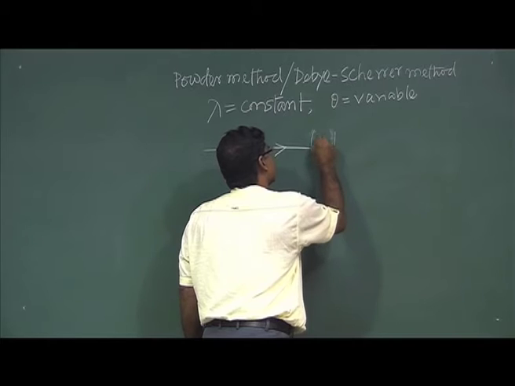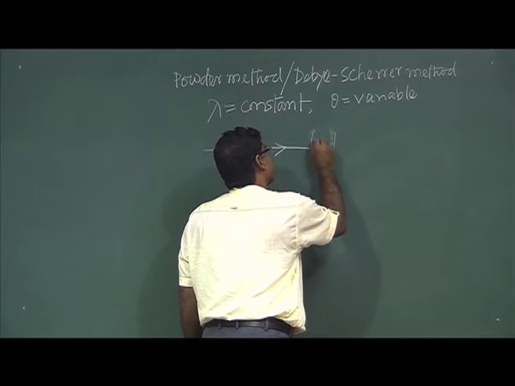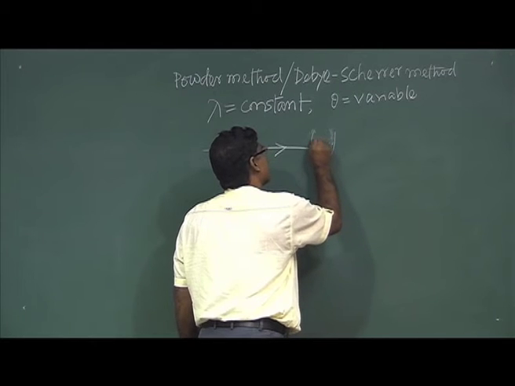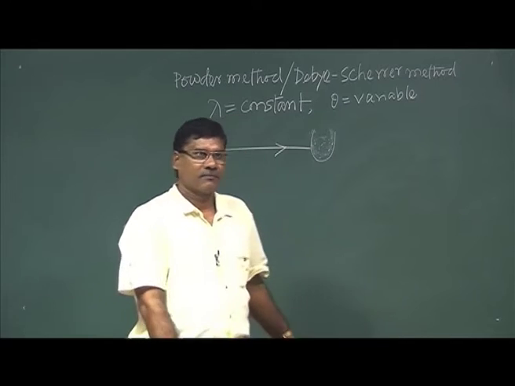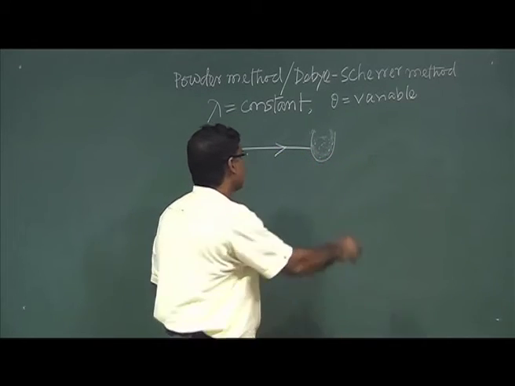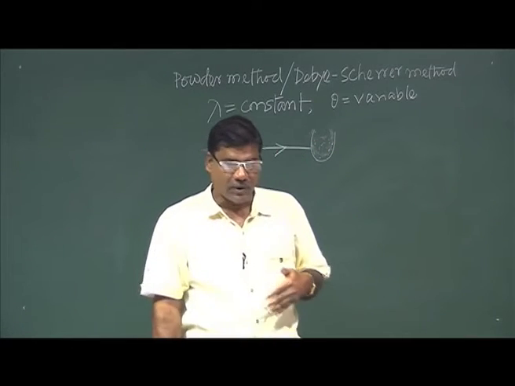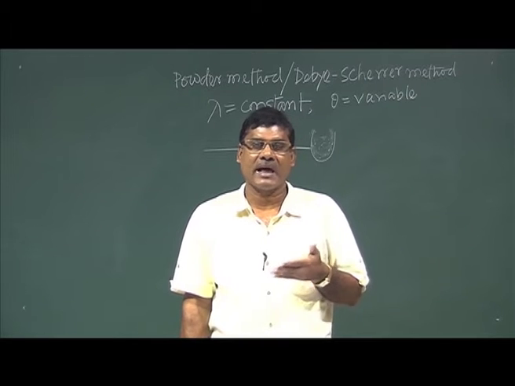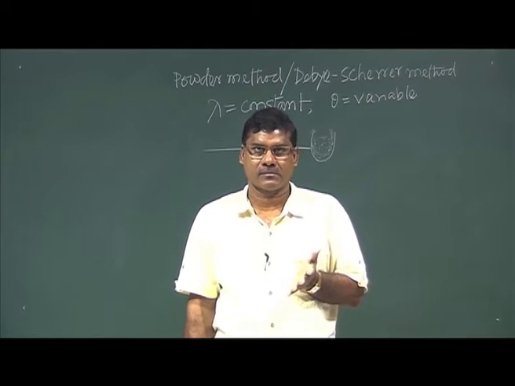So, here we have our single crystal in powder form, right. Now it is in powder form, and whatever X-ray is falling here, what will be the angle of, say, the 111 plane?